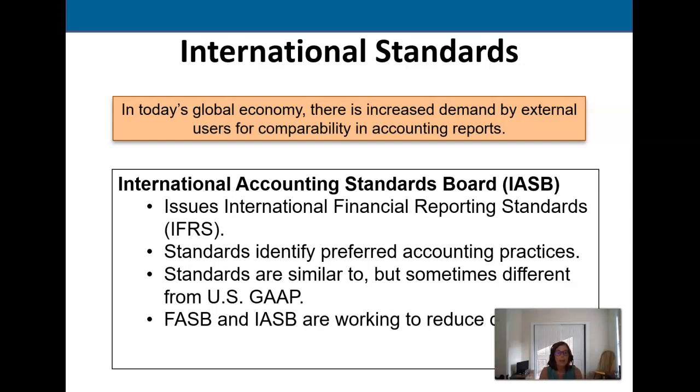So as an accountant, you have to know both the U.S. GAAP standards as well as the international standards if you are working with companies with any sort of global reporting issues, which as we become more of a global society, becomes a greater and greater issue.